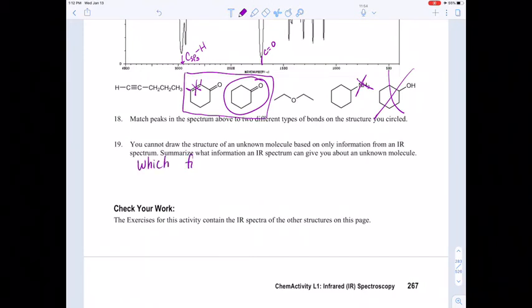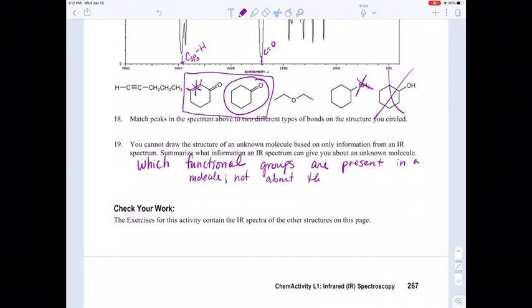It tells us which functional groups are present in a molecule. It does not tell us anything about their arrangement.